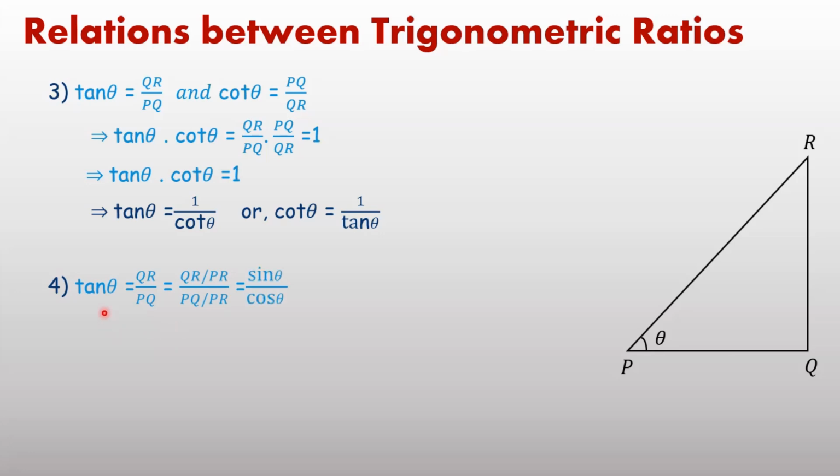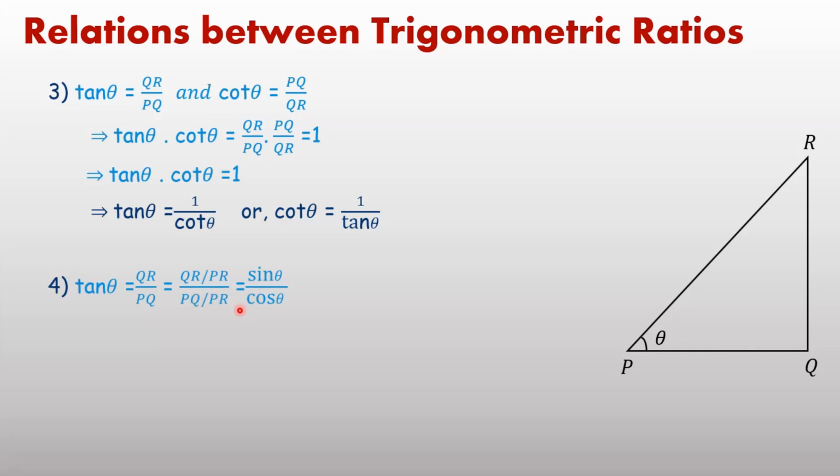One more result. Tan theta we can write as perpendicular upon base, means QR upon PQ, divide by PR in numerator and denominator. So you will get QR upon PR whole upon PQ upon PR. QR upon PR means perpendicular upon hypotenuse is equal to sin theta and PQ upon PR, base upon hypotenuse, is cos theta.